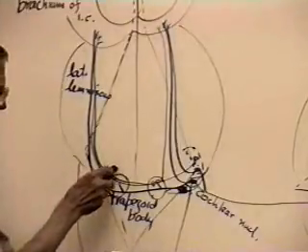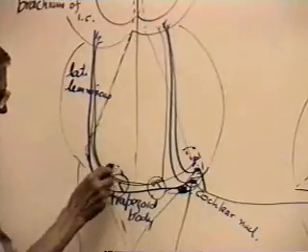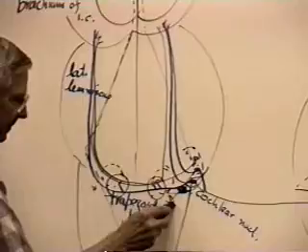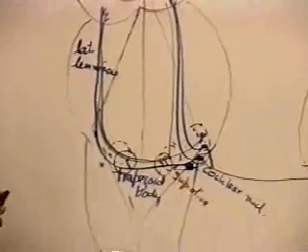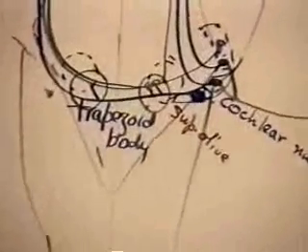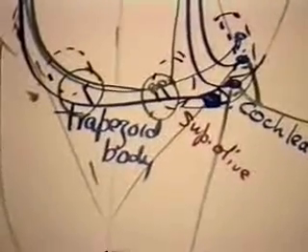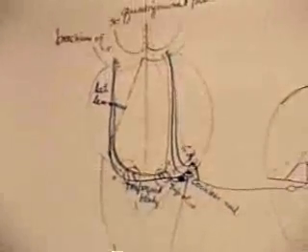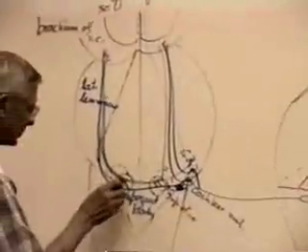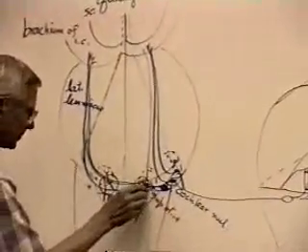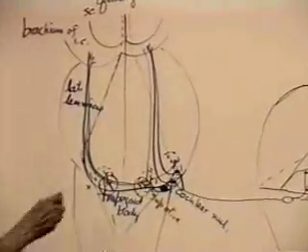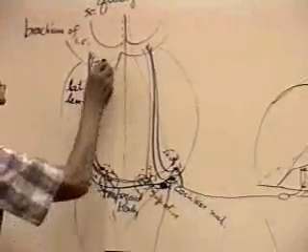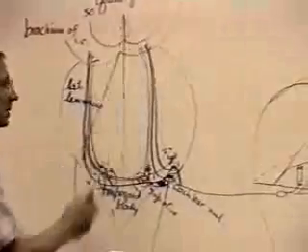Just in front of those we have the superior olive, which also receives from the previous systems, and which also projects up to the inferior colliculus through the lateral lemniscus.